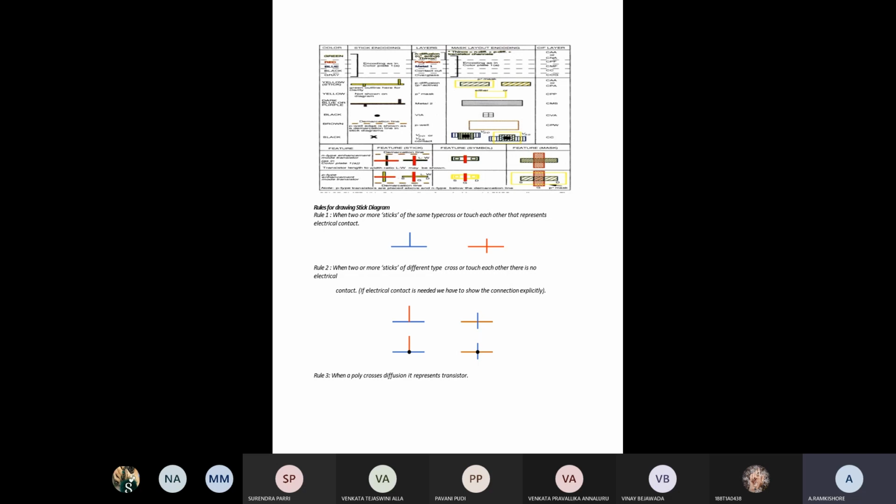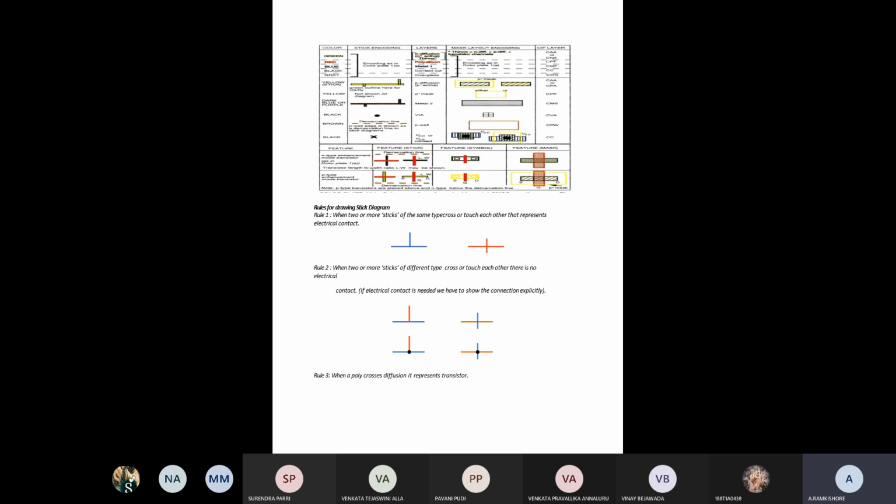So the p-type transistor, while we are designing the CMOS technology, is the combination of both NMOS and PMOS transistors. That is why we have to use P diffusion for the P-type transistor.